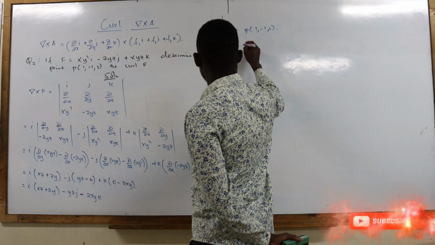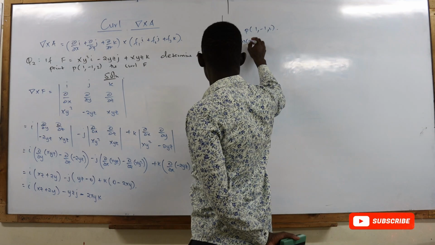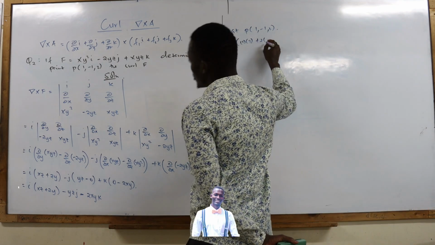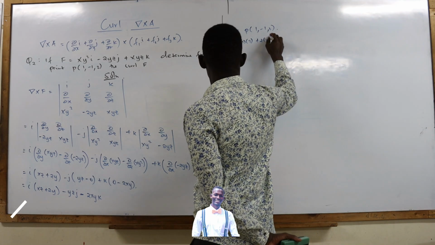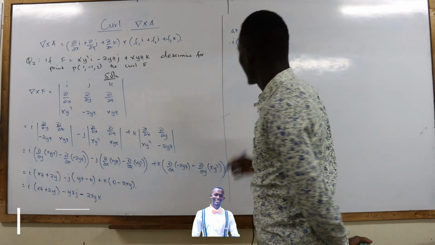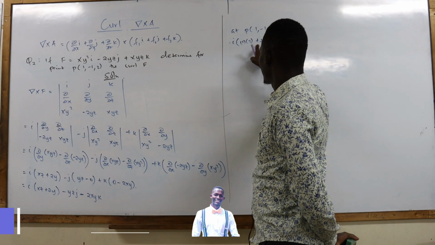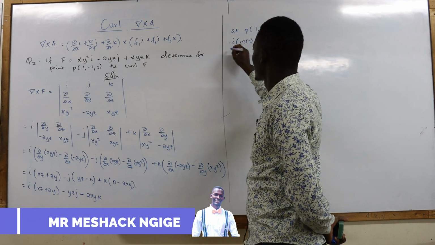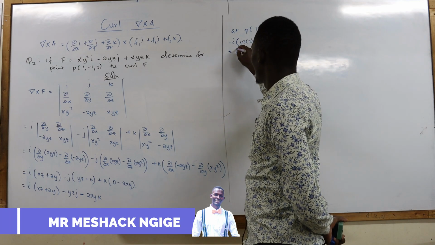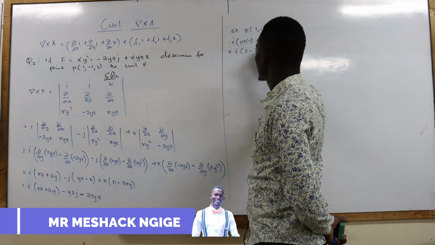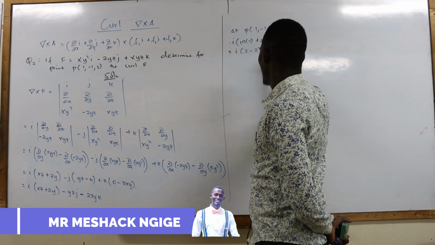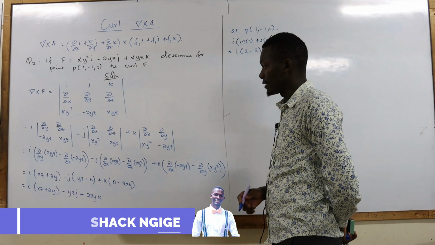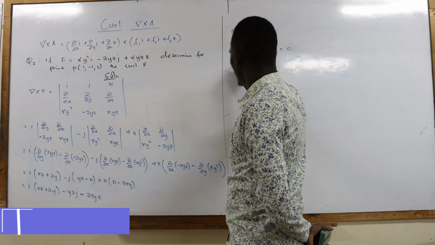My x is 1, my z is 2, plus 2, my y is -1. So 2 plus this times this gives you -2. So this is the same as saying i(2 minus 2), which gives you 0i, and 0i is just 0.